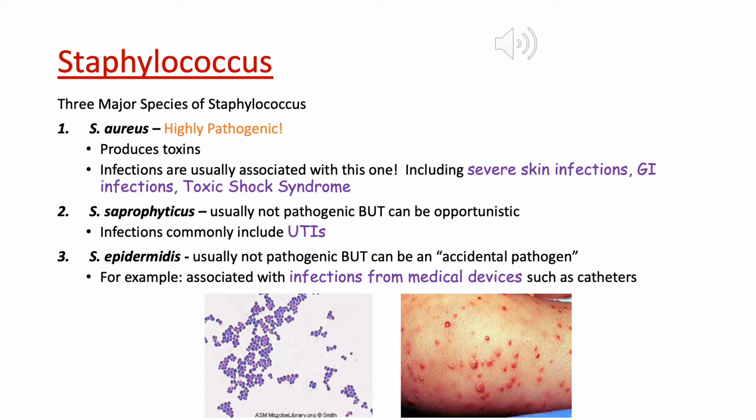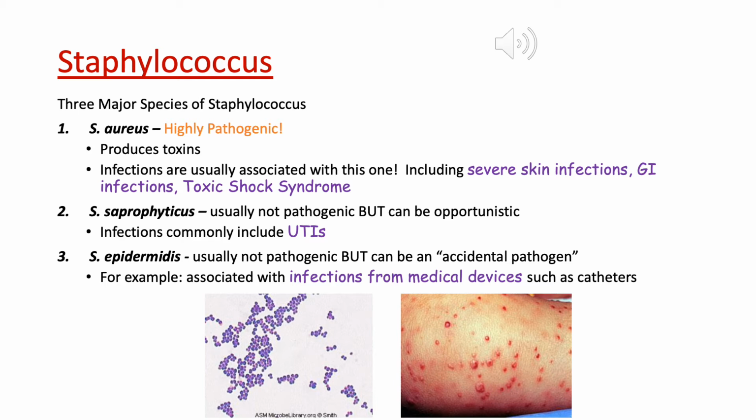The second group is Staph saprophyticus, and it's actually a normal, natural flora in your body. But if a person is immunocompromised, or if the Staph saprophyticus is in the wrong location, it can be opportunistic and cause an infection. An example of infections commonly caused by saprophyticus include urinary tract infections.